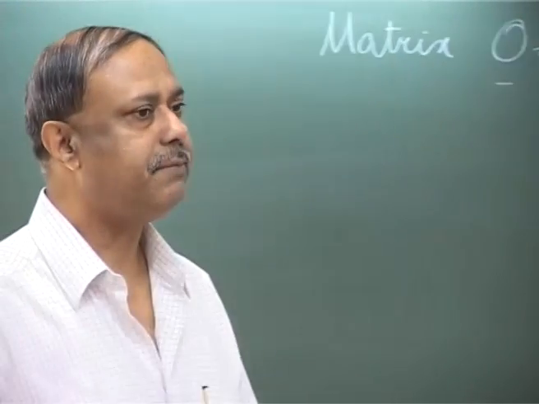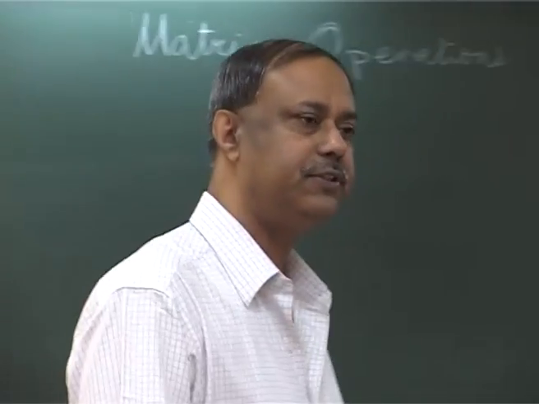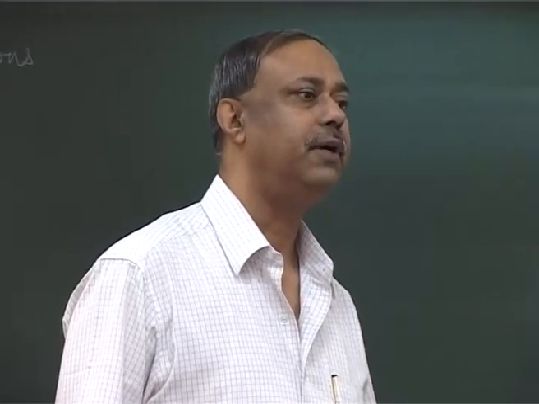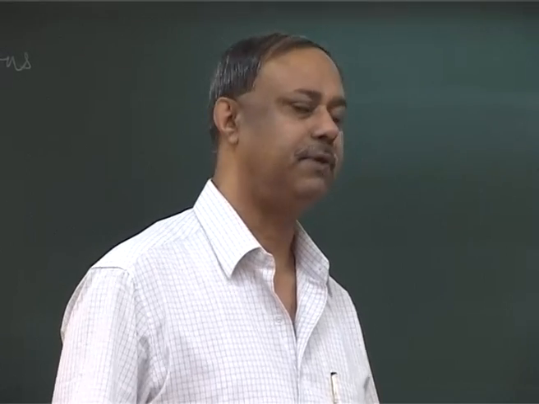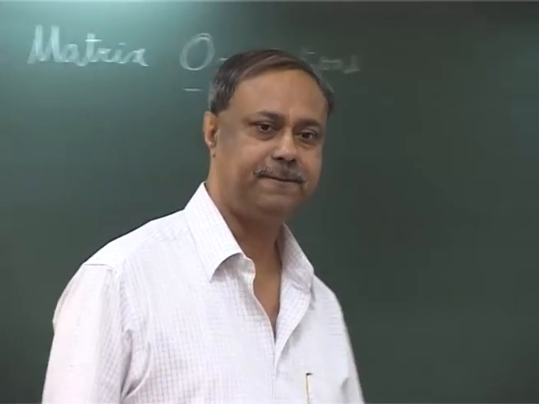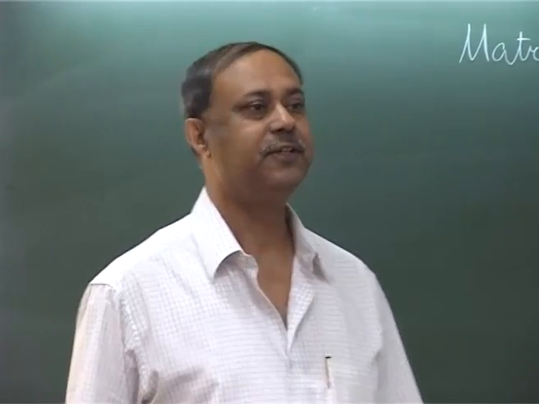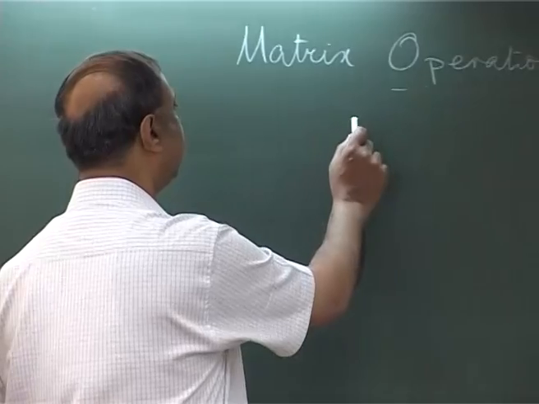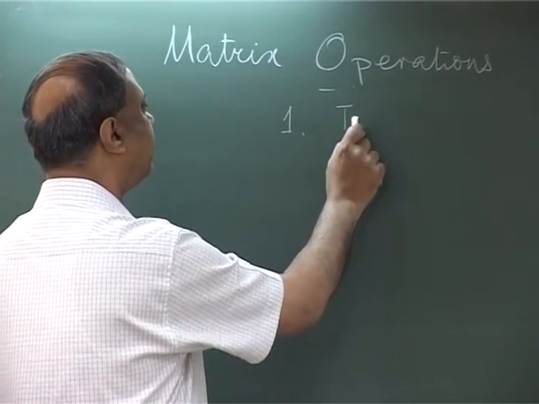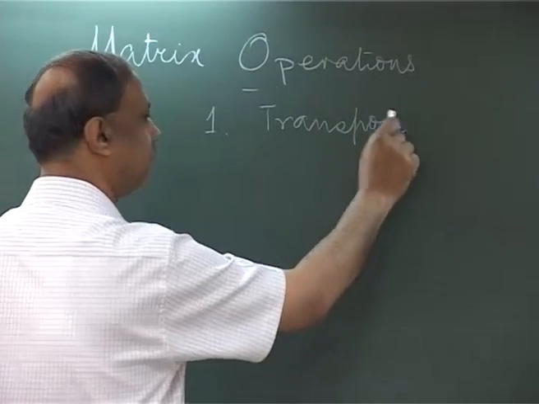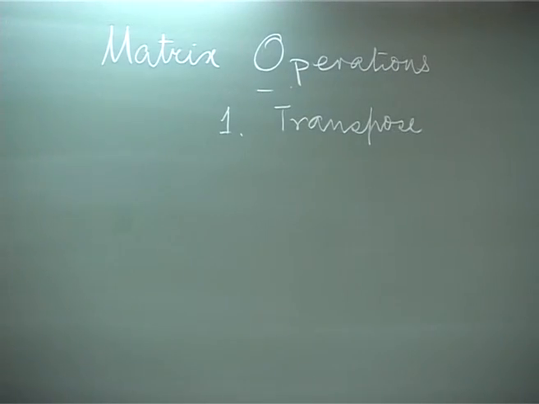Now, if I ask what are the different types of matrix operations we generally encounter? One is multiplication and inverse. This is a very difficult problem. The simplest one is the transpose of a matrix. So one is the transpose of a matrix.